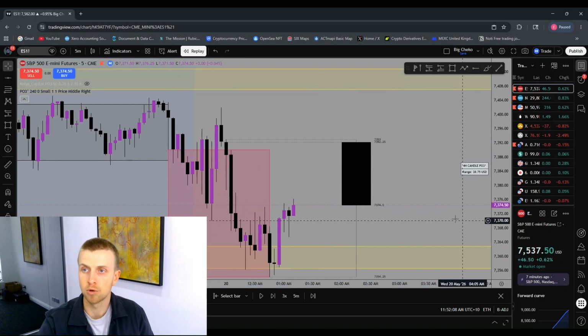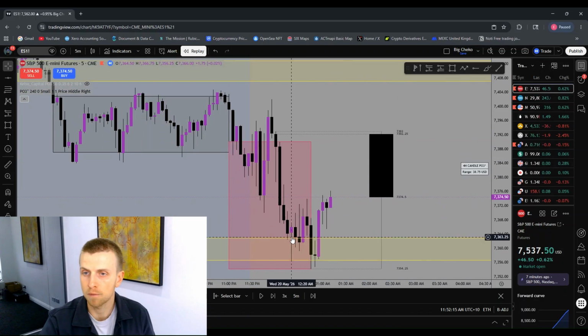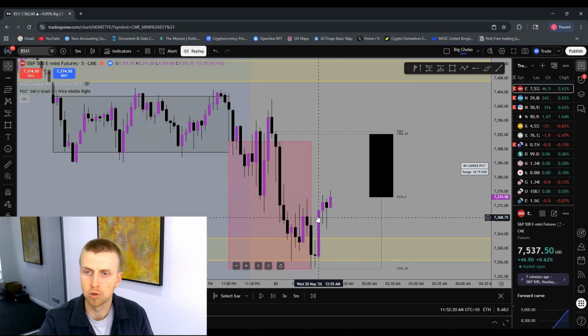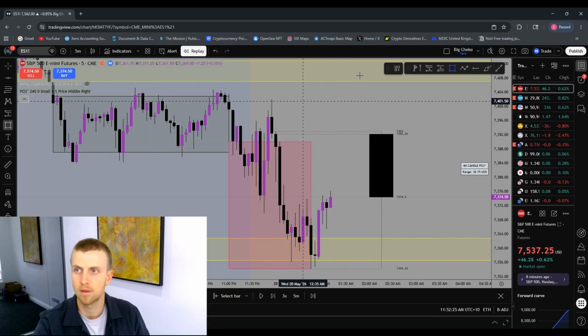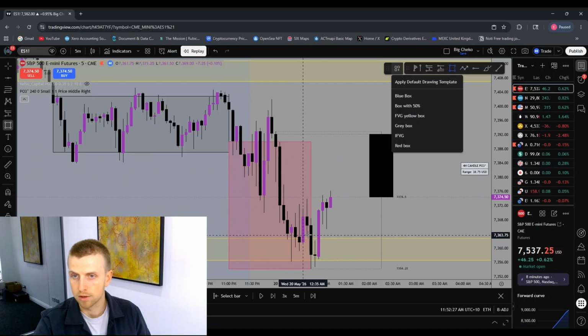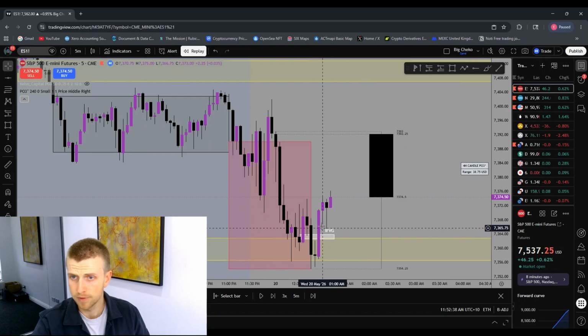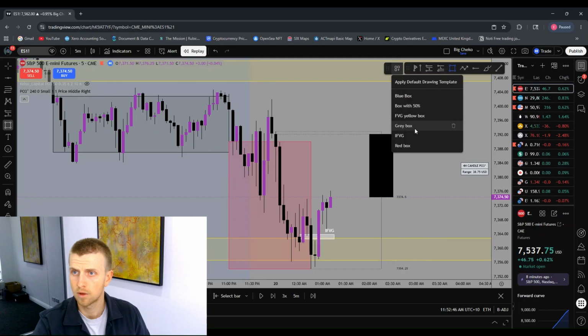And our entry model is around a 5-minute IFVG and a bullish engulfing fair value gap. So you can already see right here, we've created a 5-minute IFVG. Mark it out right here. Then we've created a bullish engulfing fair value gap, which will be our zone that we target to enter.